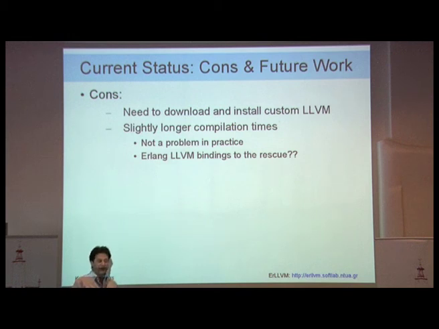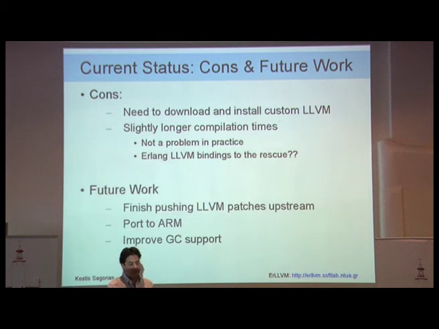It has slightly longer compilation times, but it's actually not a problem at all in practice. As you saw, the compilation is pretty fast. We are still communicating through files, which means that we cannot do everything really in parallel. But as you saw, compilation times are not really a problem right now.